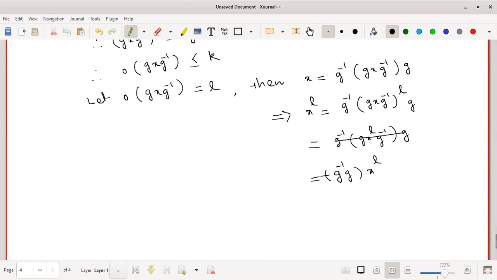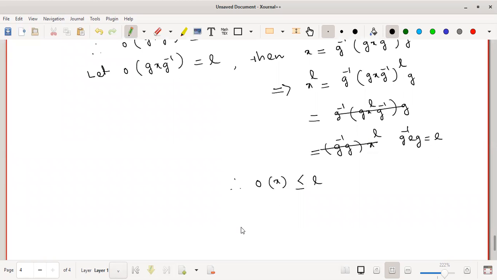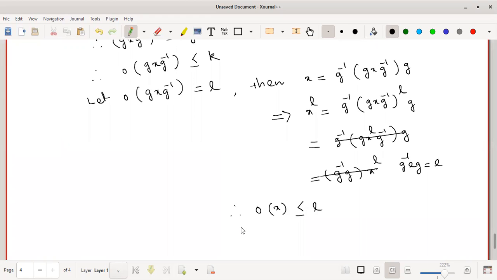Okay, fine, so no need to write this. So it is equal to g inverse eg, that is identity. So it proves that order of x is less than or equal to l. So once you have proved that order of gxg inverse is less than or equal to k, and now this implies that k is less than or equal to order of gxg inverse, they must be the same. Okay.